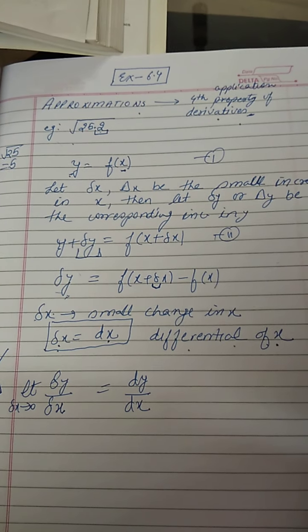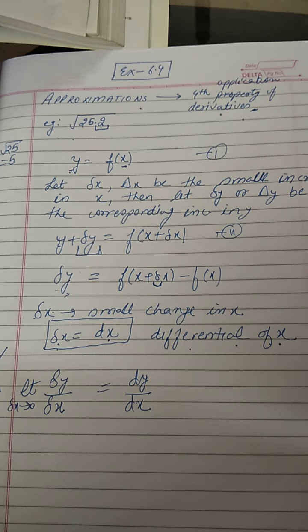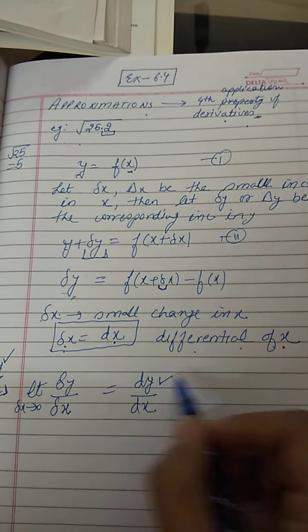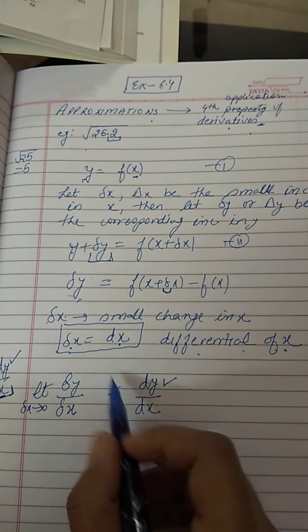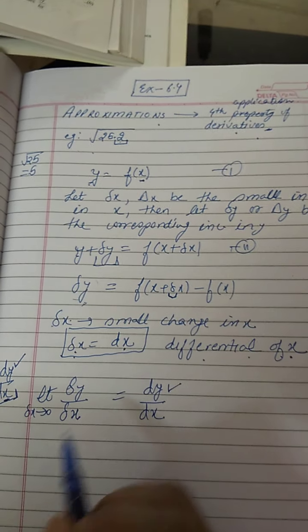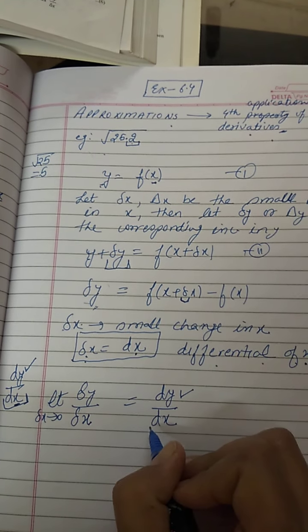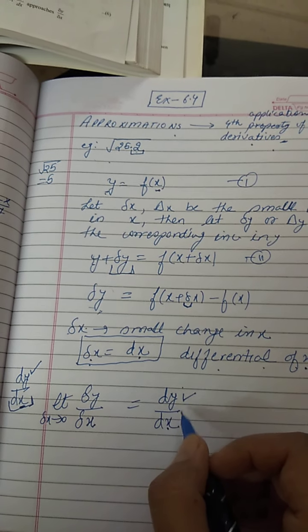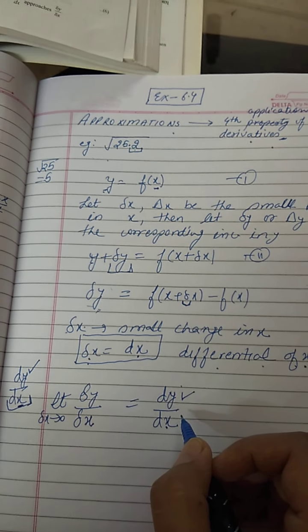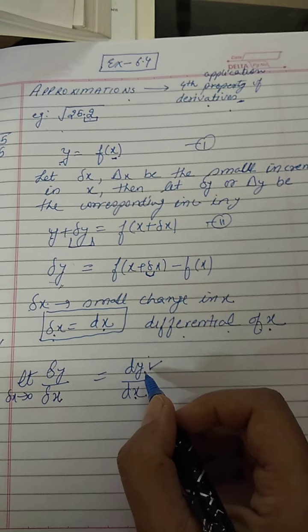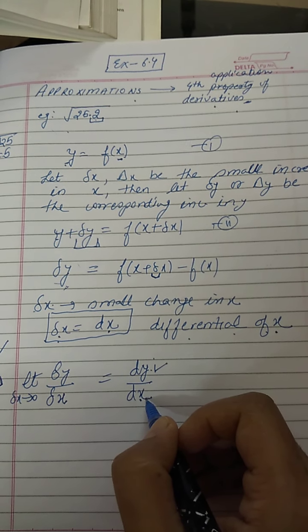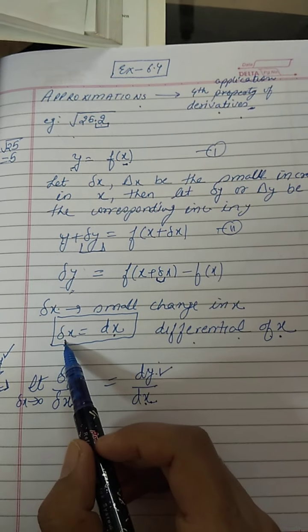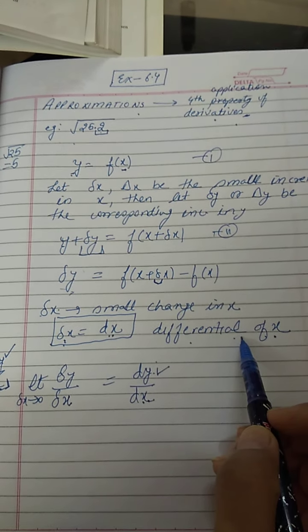So the differential of the dependent variable dy we will get from this. What does it mean? dy by dx is nothing else but the rate of change of y with respect to change in x. So when there is a change in x, that change in x is directly called the differential of x.